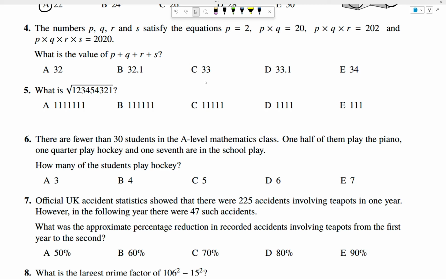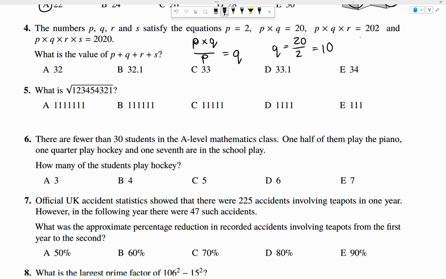The way we can find the value of each of the variables is we can notice that if we take one of the equations and divide it by the previous equation, for example, p times q divided by p leaves us with just q. So q is equal to 20 divided by 2, which is 10.